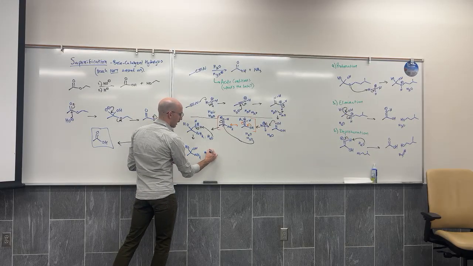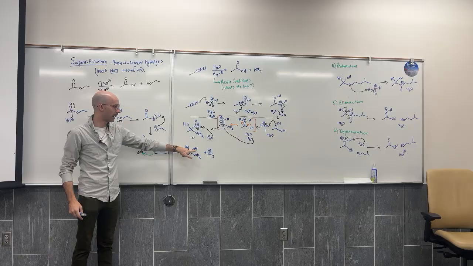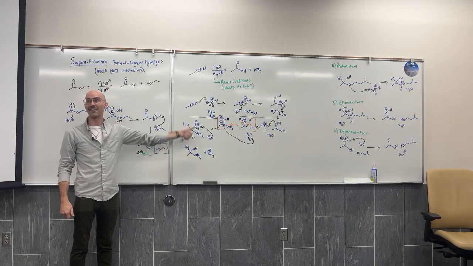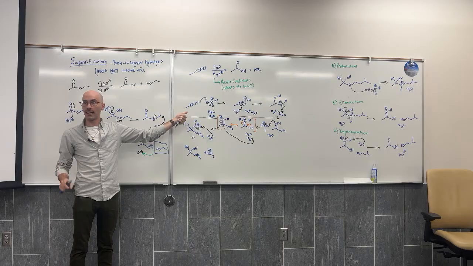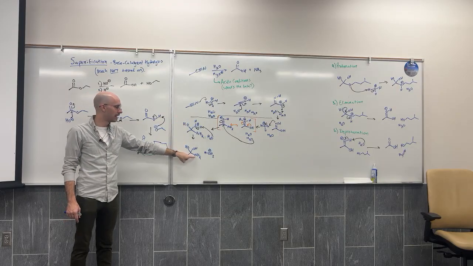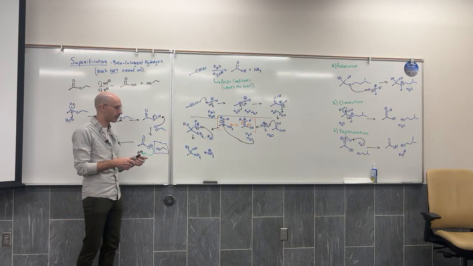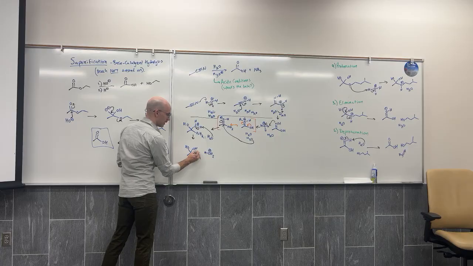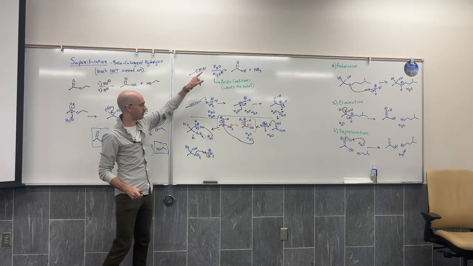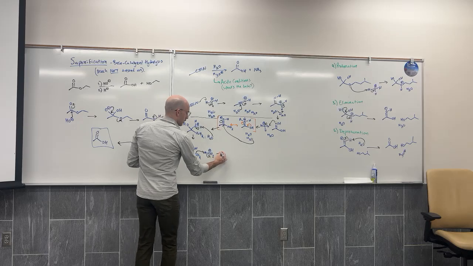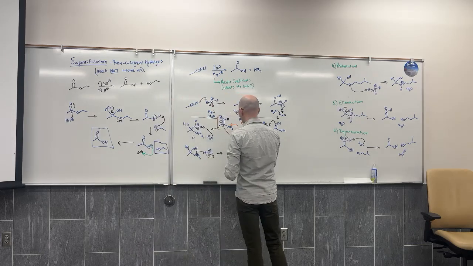What should I protonate? If I protonate either of those OH groups, I just reverse my last step. So just like in the hydrolysis of the ester mechanism, I want to protonate what my leaving group is going to be. I want to get rid of this nitrogen. So I protonate my leaving group.